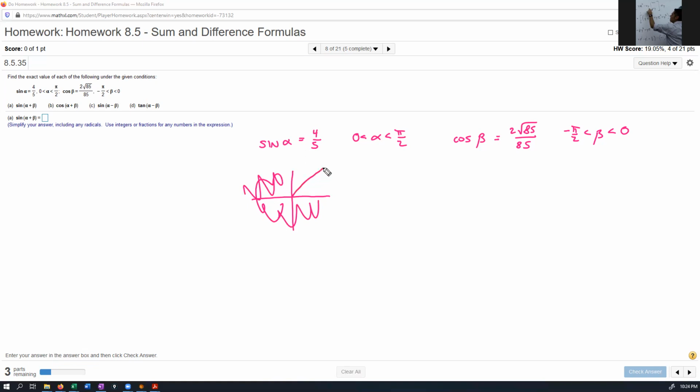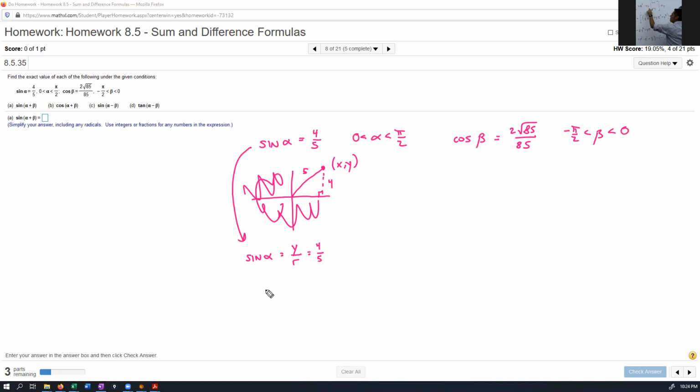And we know that we're a point out here. We know that we have an x and a y coordinate. And since sine of alpha will be the y coordinate divided by the radius, we know that the y coordinate here must be 4 and the radius must be 5. And so we can use the Pythagorean theorem by saying that this is going to be 4 and this is going to be 5.